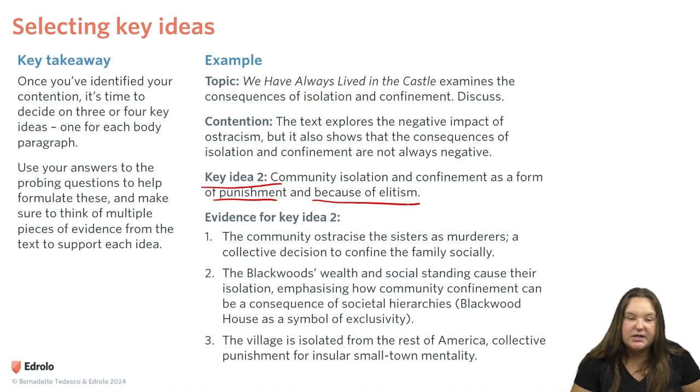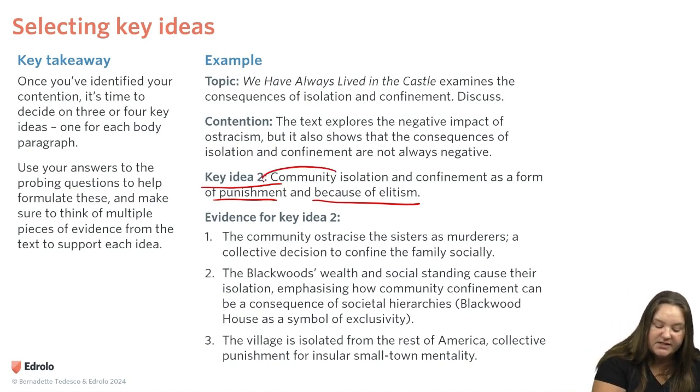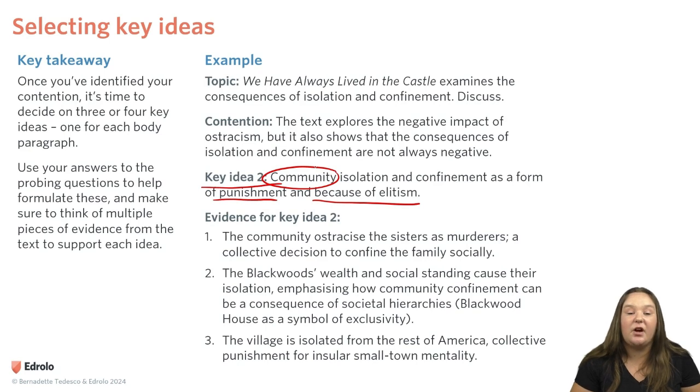So this shows that forcing confinement and isolation is a negative, and the consequence of this is that it's used as a punishment, and it's because of this idea of the Blackwoods thinking they're better than everyone else. And so they reject the Blackwoods because they feel like the Blackwoods aren't like them.